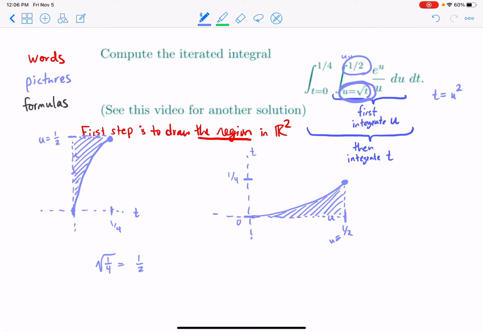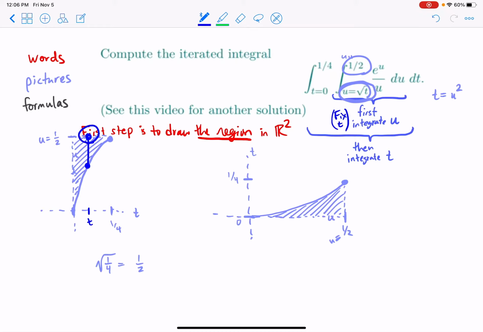Okay. So now, if we are first integrating u, what does this look like? It means that we fix t. Okay, and so if I fix some t, then it's going to slice, and that makes sense. The bottom is the curve, u equals root t.